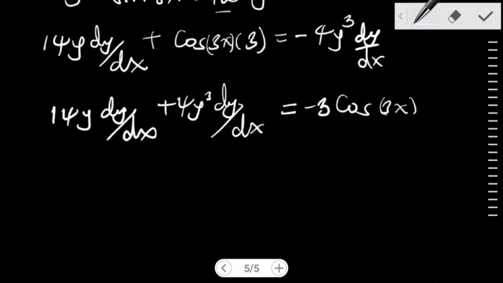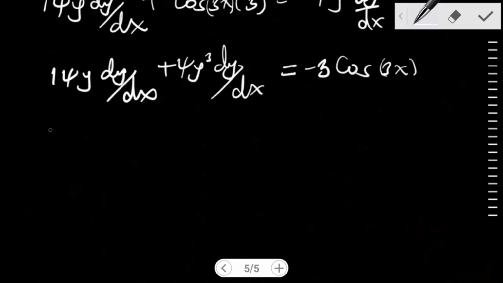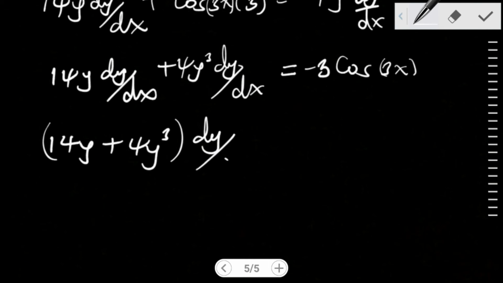So out of that, we're going to have 14y plus 4y cubed times dy/dx equal to negative 3 cos of 3x.